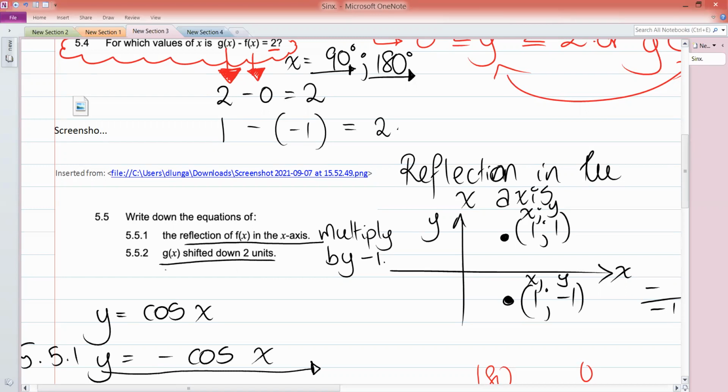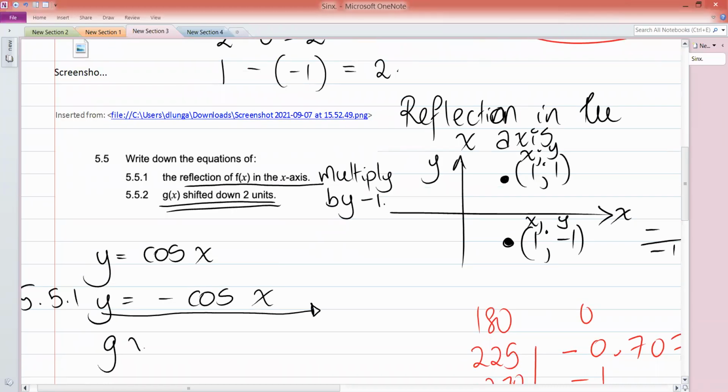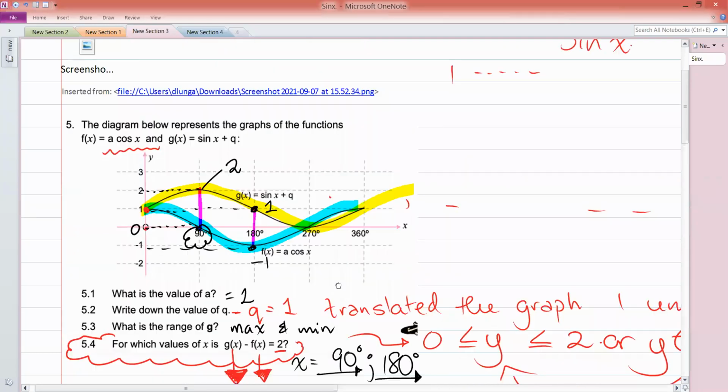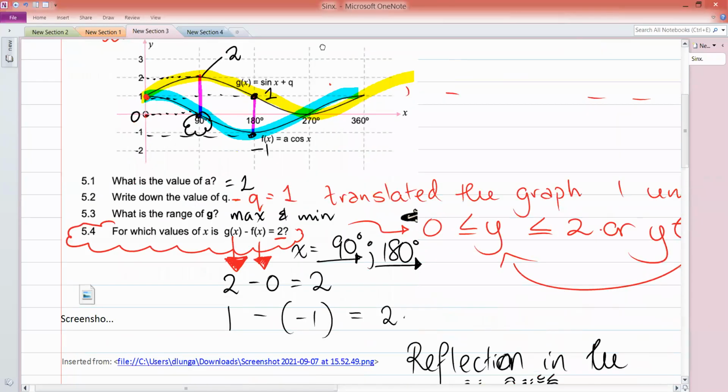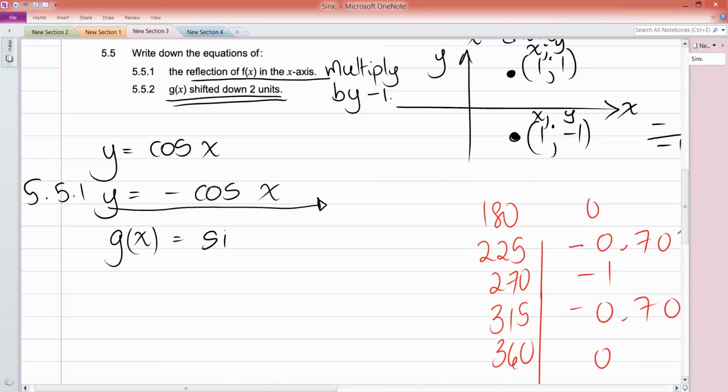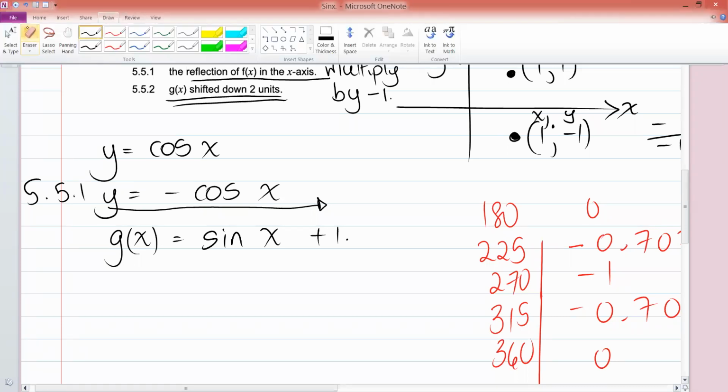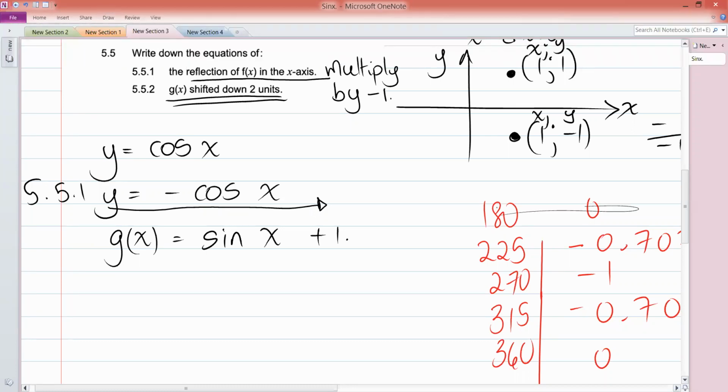Now, g of x. What was the equation for g of x? The original equation for g of x was sine x plus 1. Now they want you to shift it down how many units? 2 units. So what does that mean? What should we do at this point? -2.